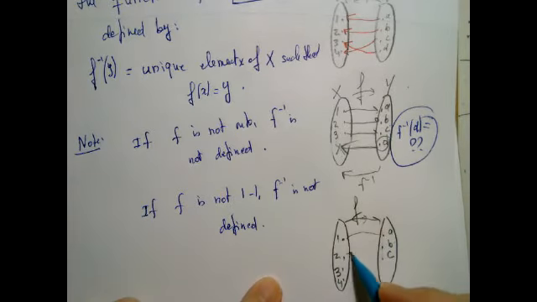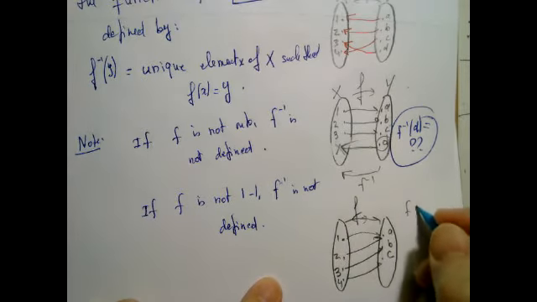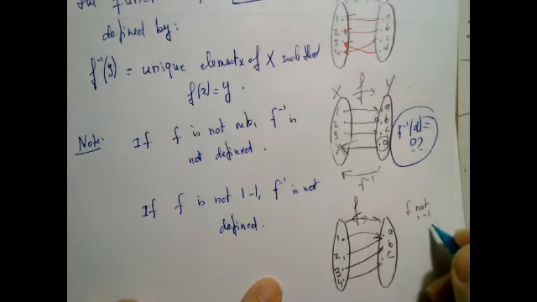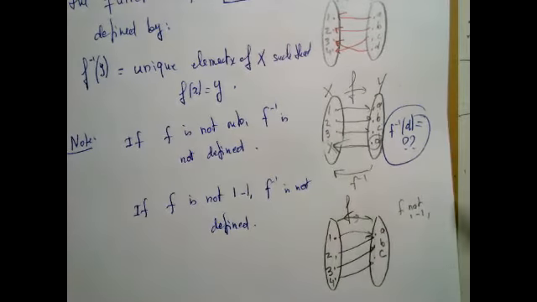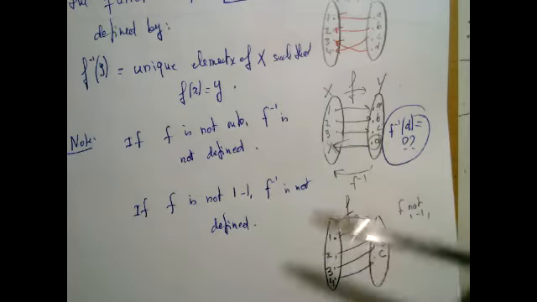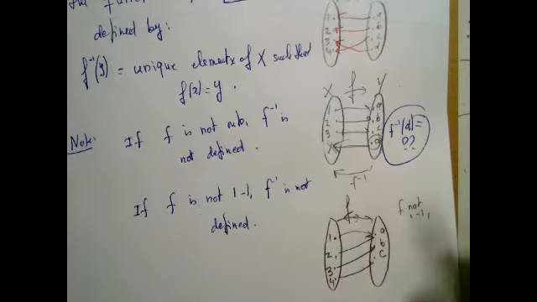So that's not 1-to-1. All right. So why is it absolutely necessary to have f 1-to-1? Why is f inverse not defined? Now back to you.